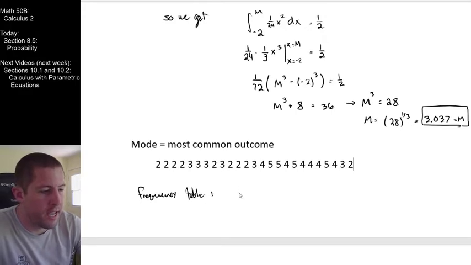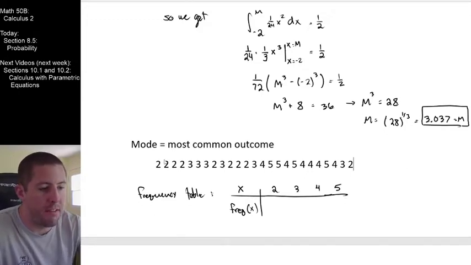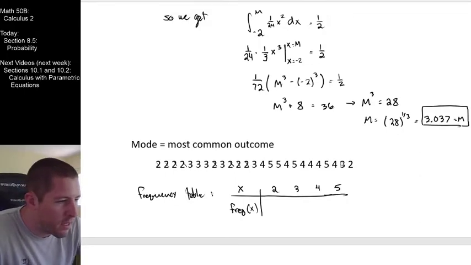And we could do things like say, what is x? What is the frequency of x? And in my table here, it looks like the numbers that I'm seeing are 2, 3, 4, and 5. And so how many of them do we see? Of the 2s, there are 1, 2, 3, 4, 5, 6, 7, 8, 9 2s.